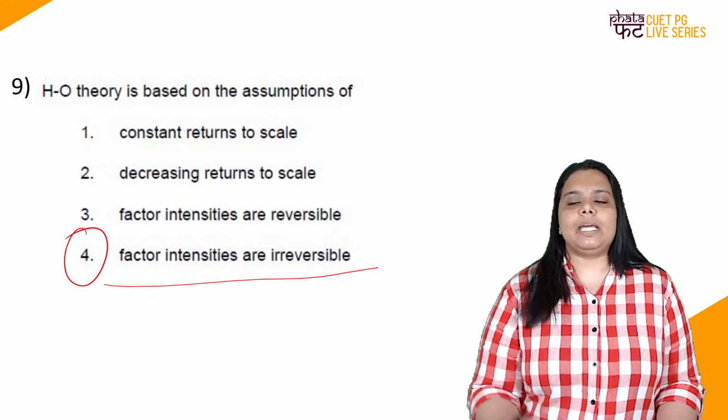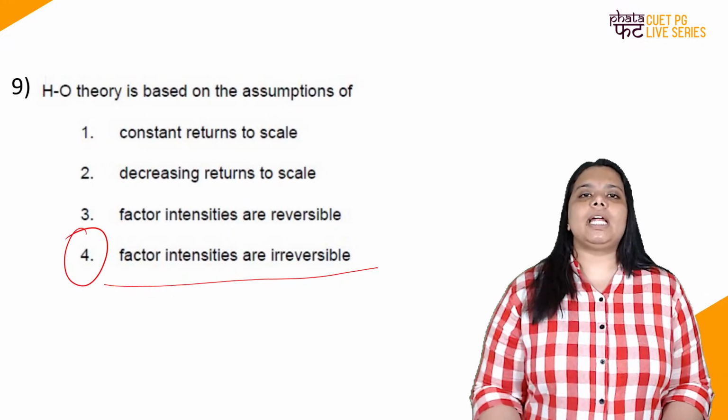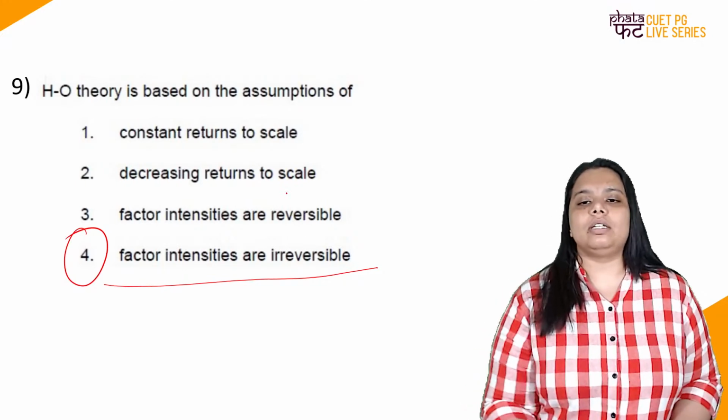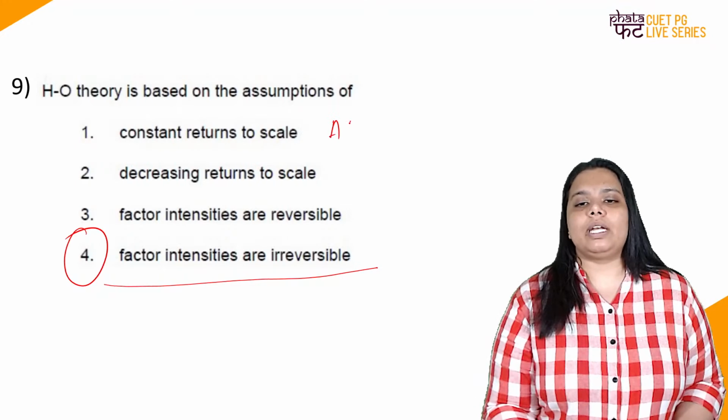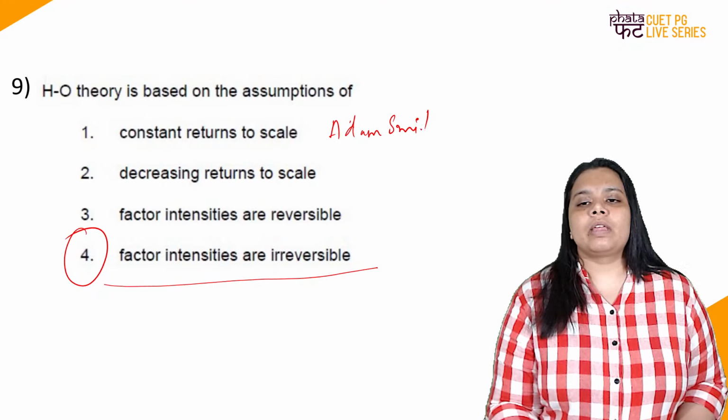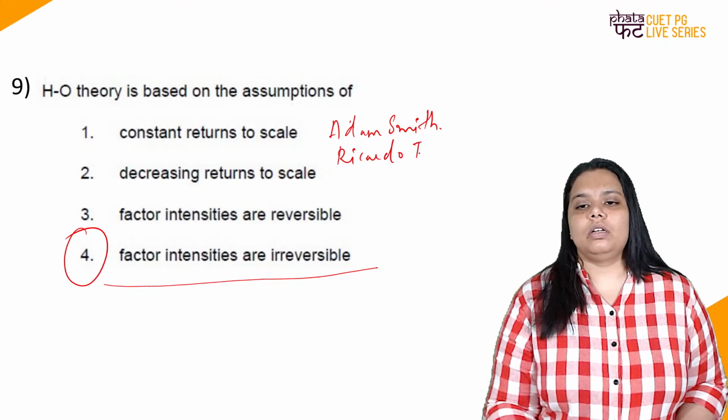In the CUET PG entrance exam, the questions most commonly seen from international trade are related to the absolute advantage theory proposed by Adam Smith, Ricardo's theory, as well as HO theory.